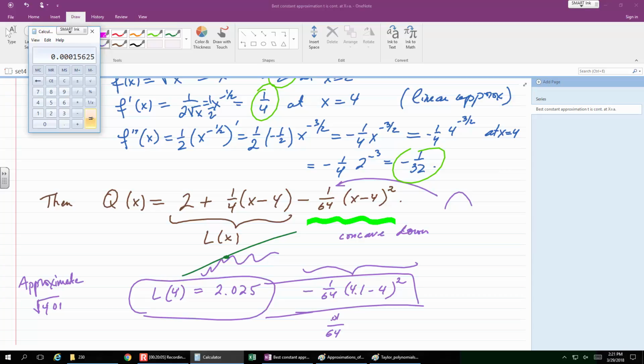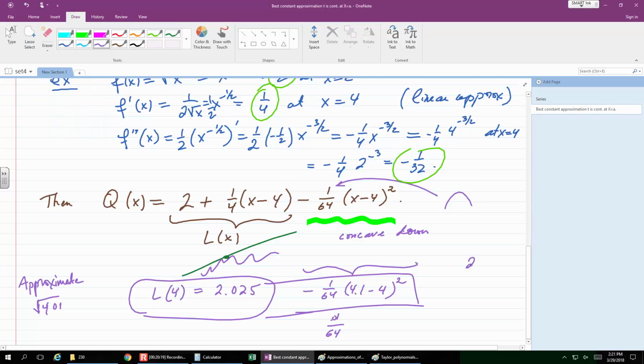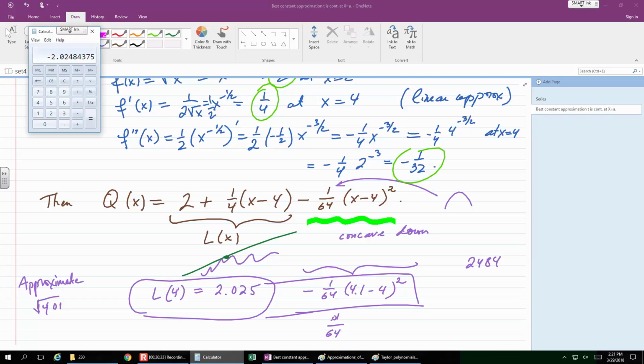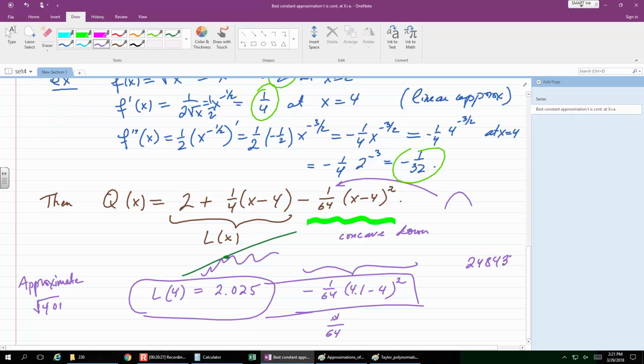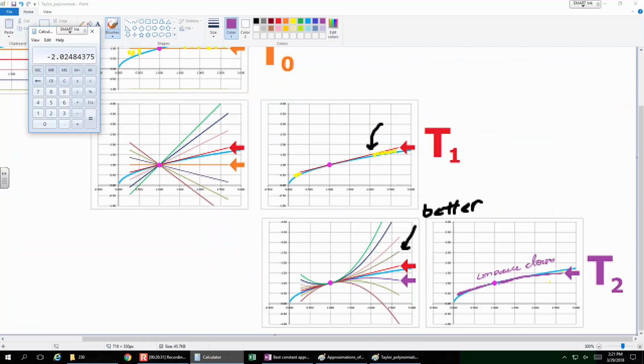So then I will add 2.025, which gives me 2.4843750... okay, so this is the answer.